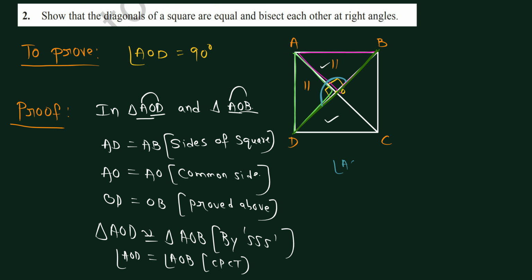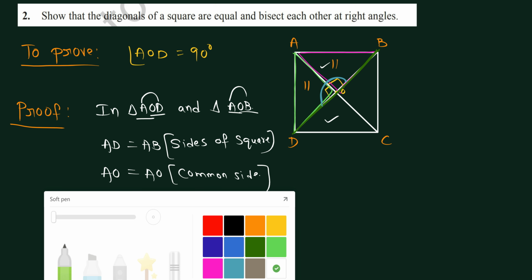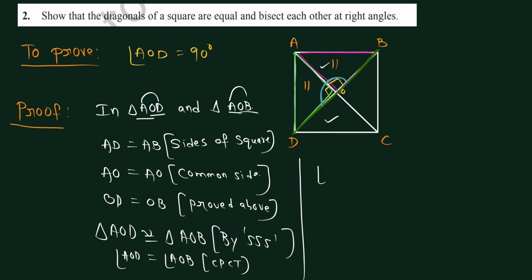Now you write here: angle AOD plus angle AOB equals 180 degrees, because this is a linear pair. Just now we proved AOD is equal to AOB, so in place of AOB, replace it with AOD.